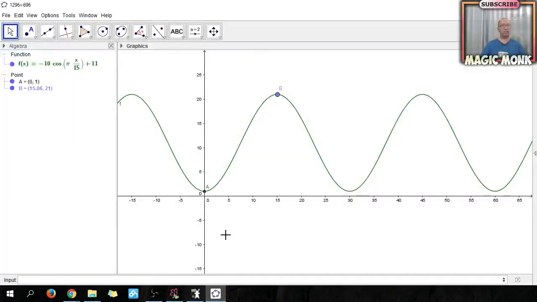So looking at the graph again, if I'm starting at this lowest point and I go all the way up and down again, how many seconds does it take? 30. Okay, it takes 30 seconds, but it's pretty easy to see with the graph, but you probably need some sort of way to do it.